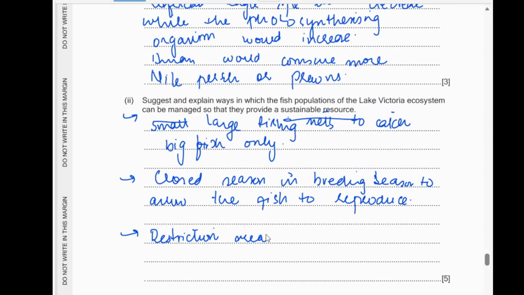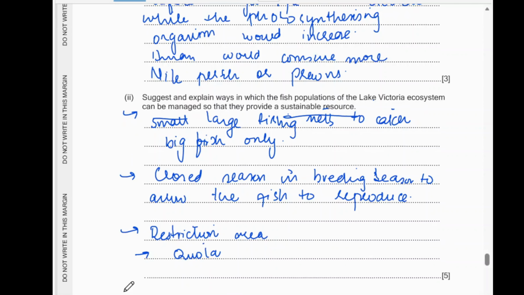So there should be restriction on areas. Okay. What else can be there? Quota system. Quota system and restricted areas are different. Now quota system is that you can only take out 10 fish at a time. You cannot take more than 10. That is quota system. So taking out a limited amount of fish at one time would allow the other fish to breed.